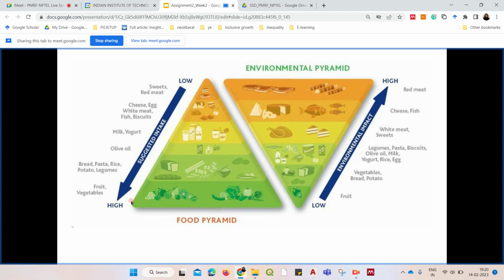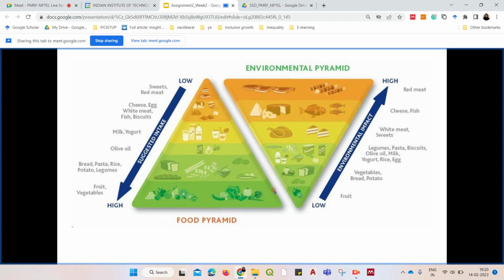So for example, you see the food coming from the lowest trophic level, like fruits and vegetables, they create the lowest environmental impact.